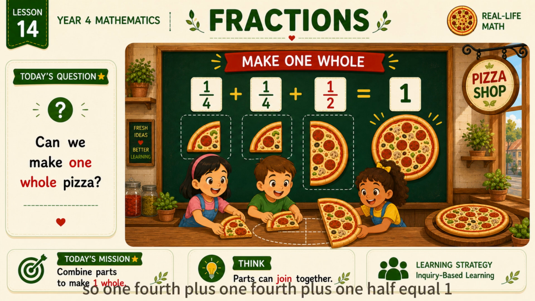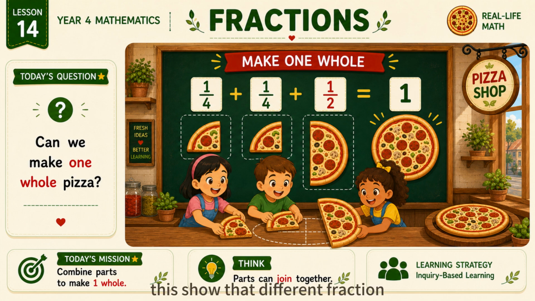So 1/4 plus 1/4 plus 1/2 equal 1. This shows that different fraction parts can join together to make a complete whole. Can you think of another way to make one whole using quarters?